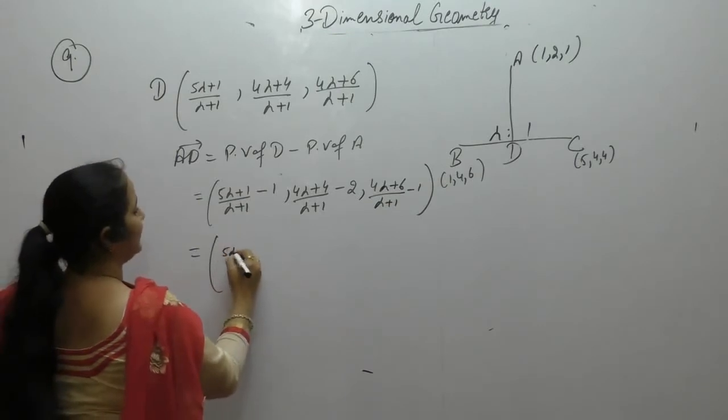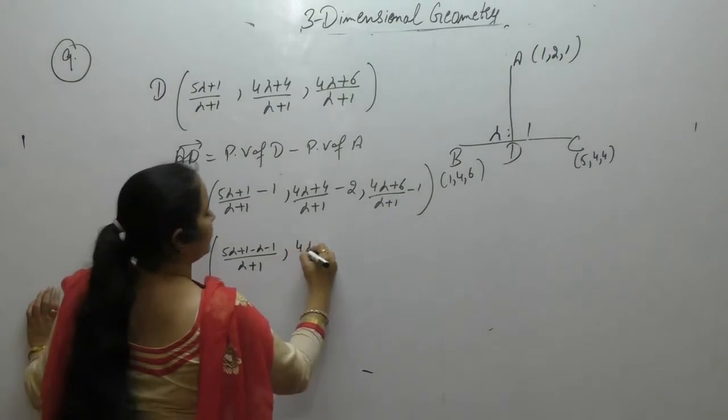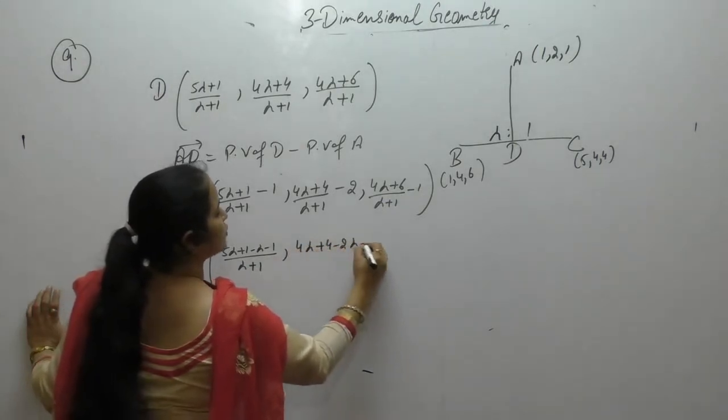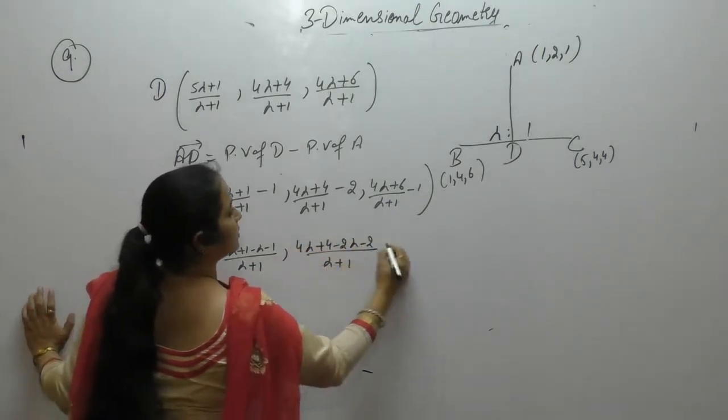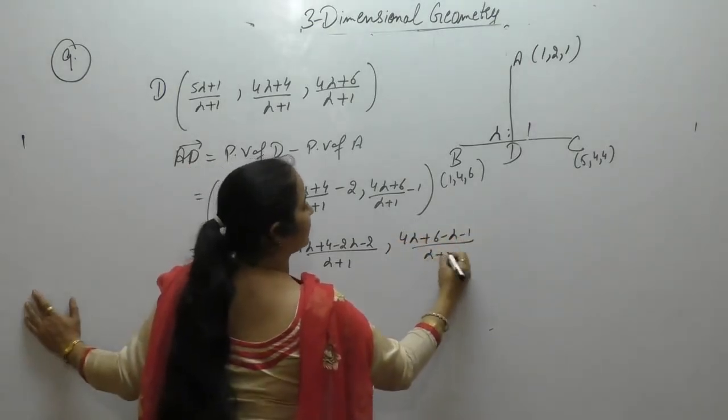Solve it. 5 lambda plus 1 minus lambda minus 1. 4 lambda plus 4 minus 2 lambda minus 2. 4 lambda plus 6 minus lambda minus 1.